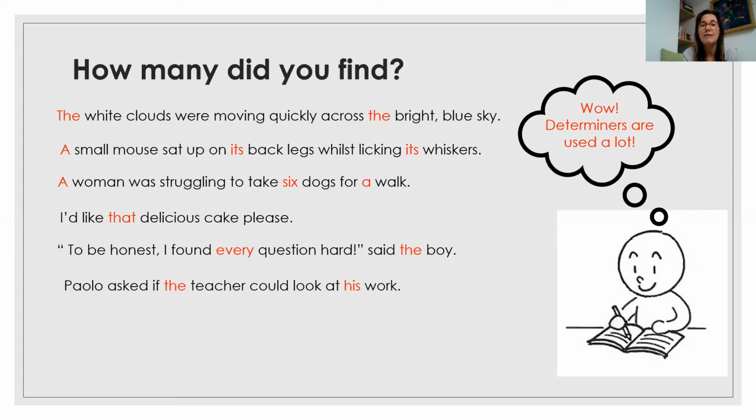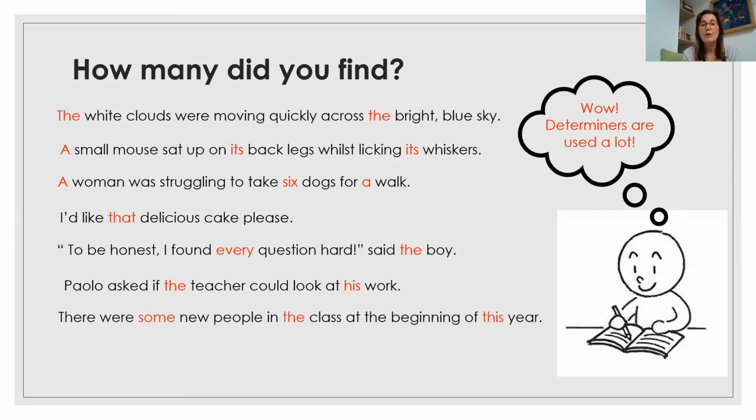So look at the noun teacher. What's the determiner before it? It's the. Did you find it? Look at the noun work. Did you find it? It's a possessive pronoun determiner. It's his work. So that's where the determiner is in that sentence. Let's look at the next example.